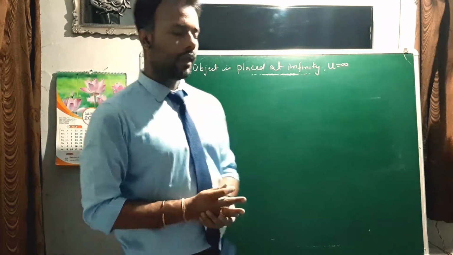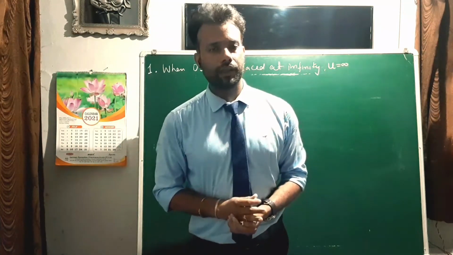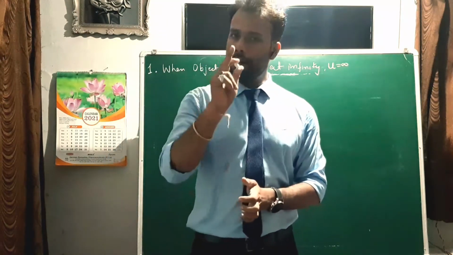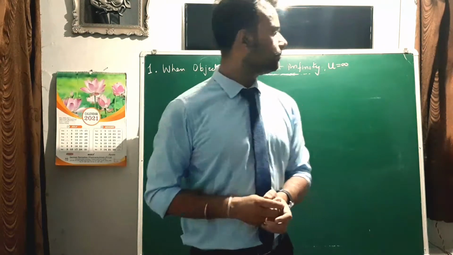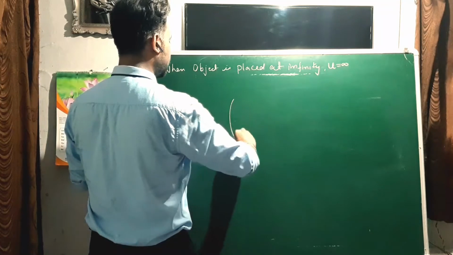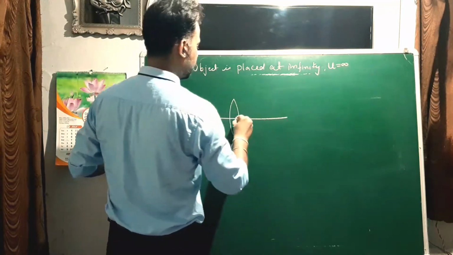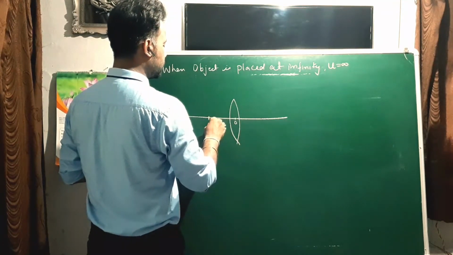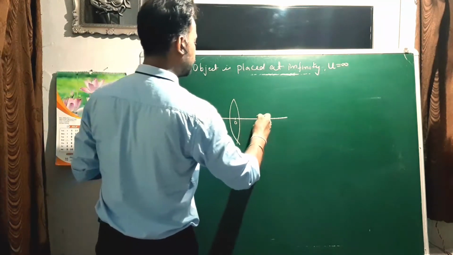Always remember, when the object is placed at infinity, the rays coming from the object are always parallel to the principal axis. So that is the convex lens, optical center O. This is the primary focus f1, and this will be the secondary focus f2.